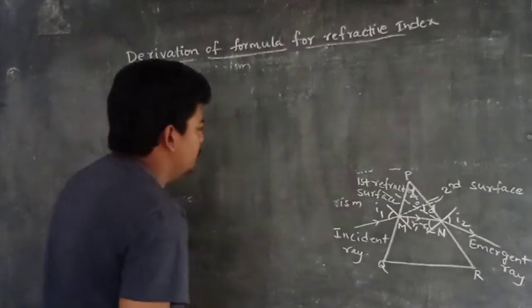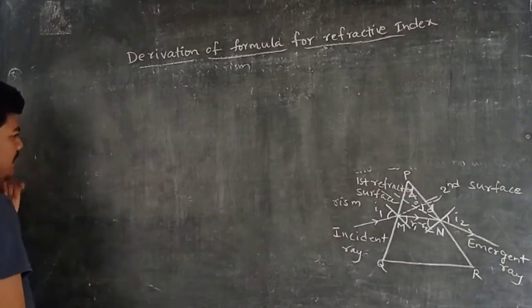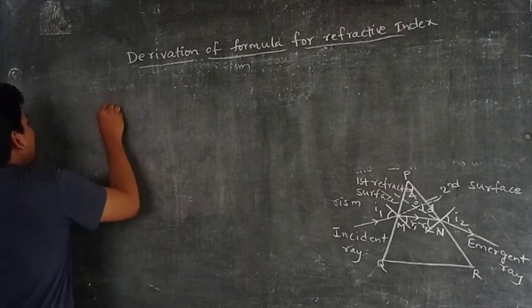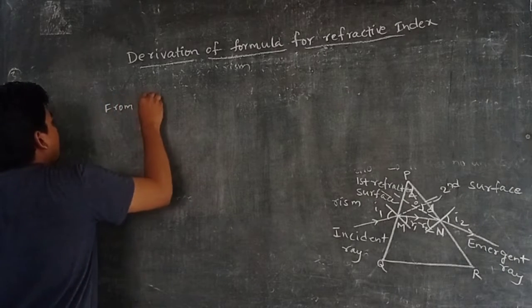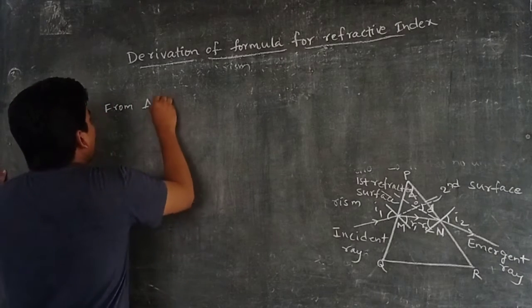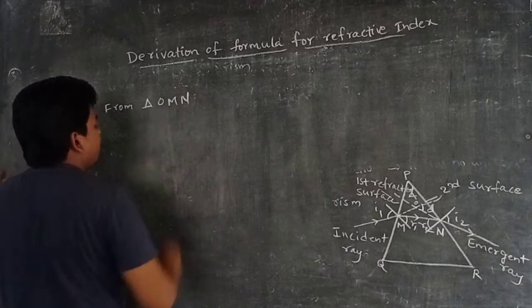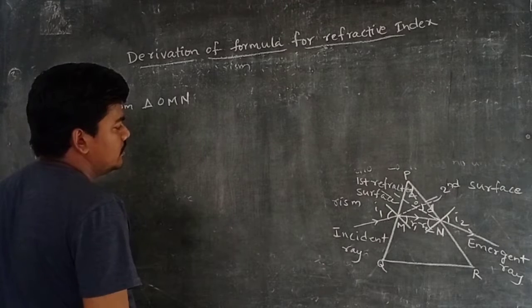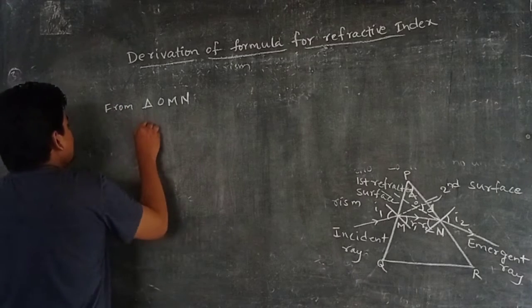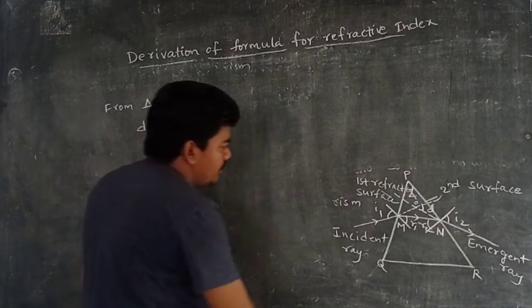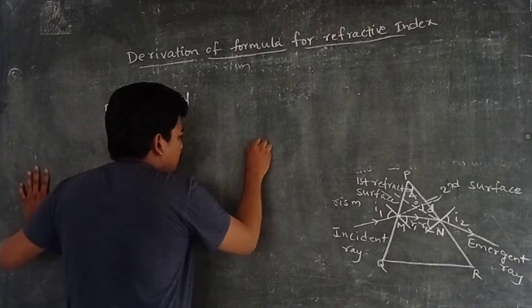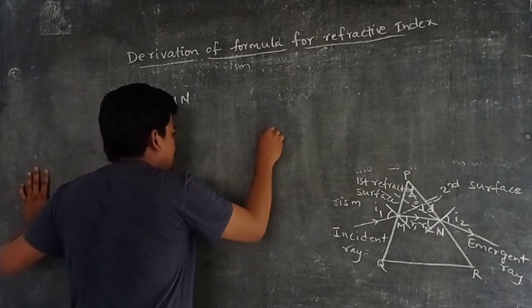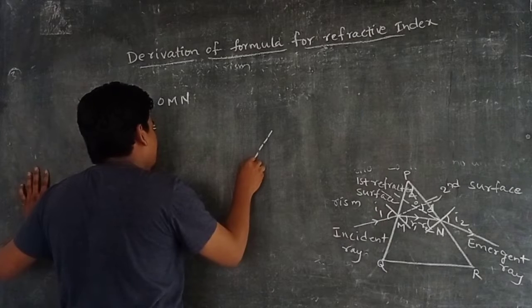From triangle OMN, we know that d is the angle of deviation. D is equal to, when you see here, the diagram looks like this.